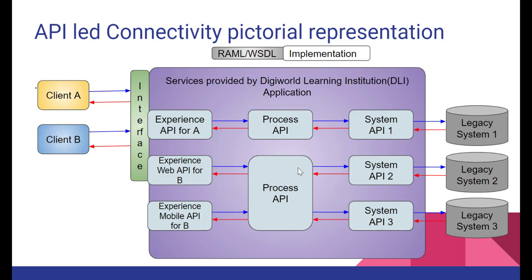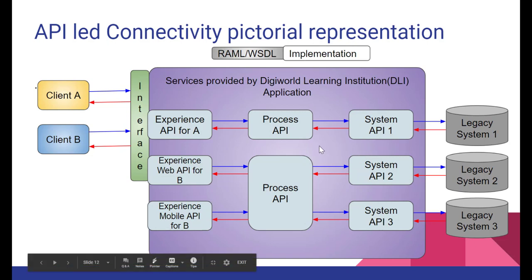In that case, you have to create another system API, which is system API 2, and that system API 2 you can access from the process API 1, right? So this is the process API 1, as you can think.